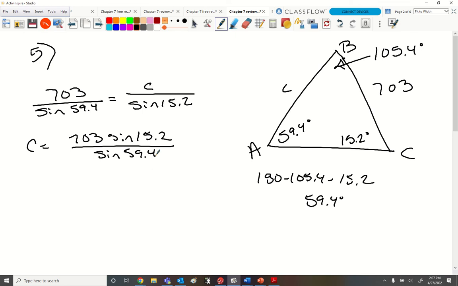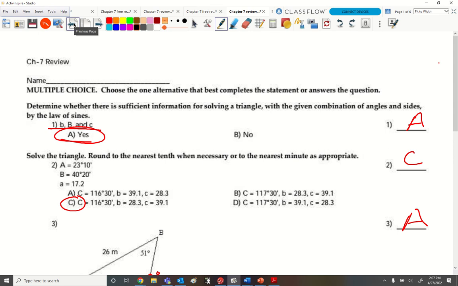What do we get? 214? Okay, so C is about 214. So that was the one I was looking for. And so 214 is going to be option D.